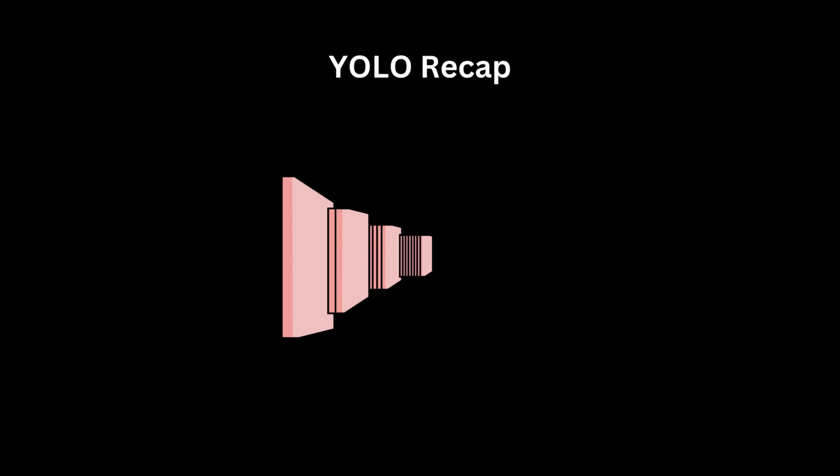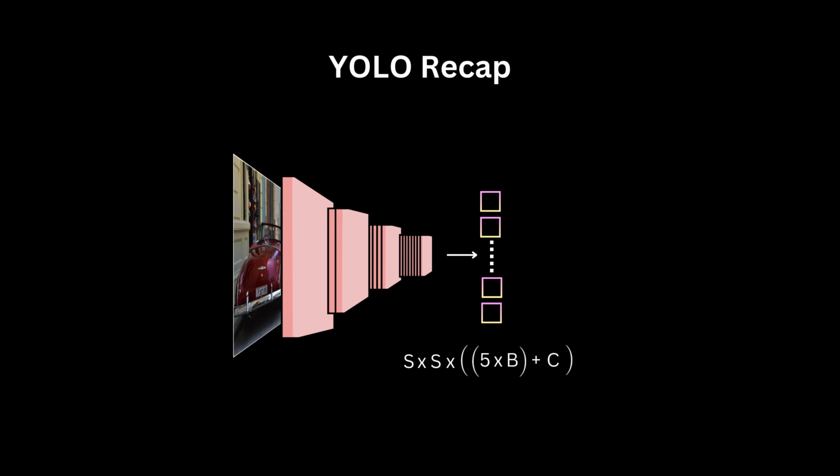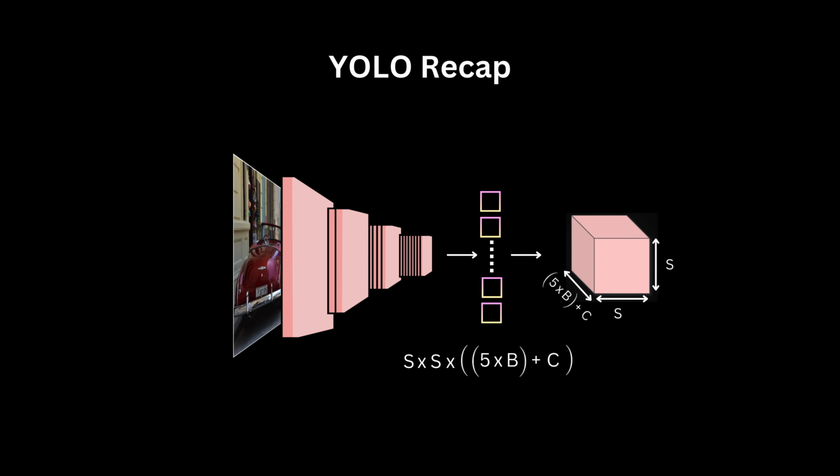For training YOLO v1, we first pre-train our network, which was a CNN, on the ImageNet classification task, and then it was fine-tuned for detection. During fine-tuning, the network takes an image as input and, using additional detection-specific convolution layers and FC layers at the end, produces an output that can be reshaped to a S cross S grid with 5B plus C channels.